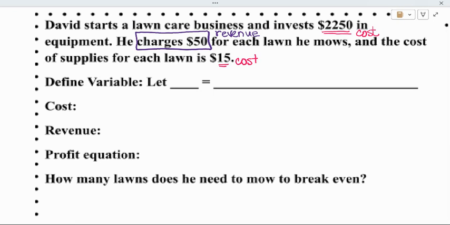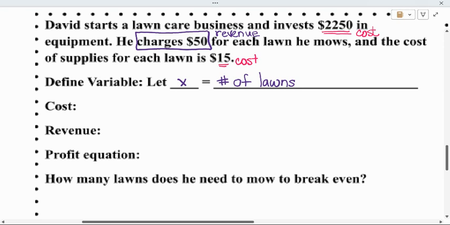What is he doing? What is his job? He's taking care of what? Lawns. So that's our variable. We're going to let x equal the number of lawns. X is the number of lawns, okay?